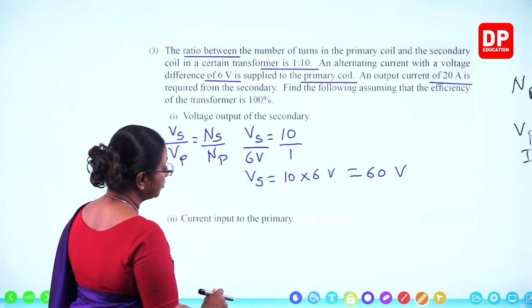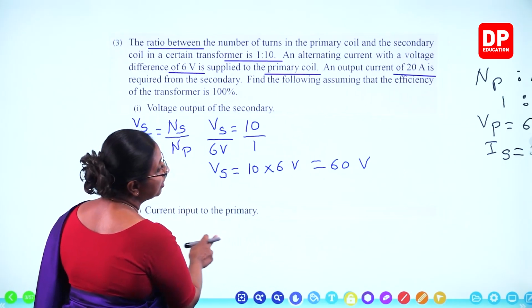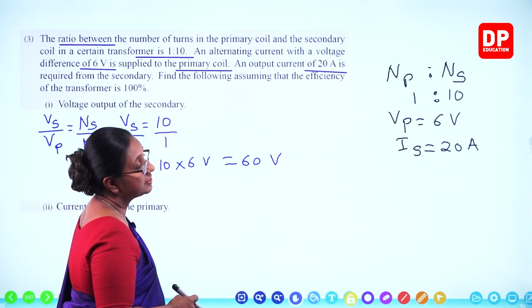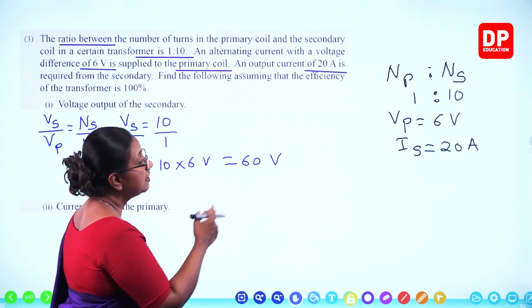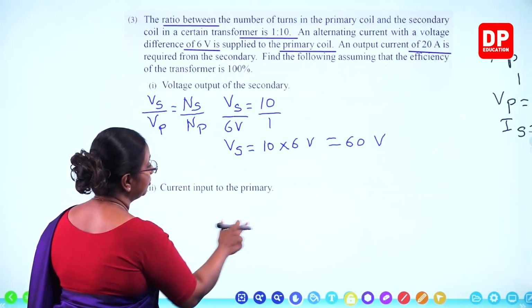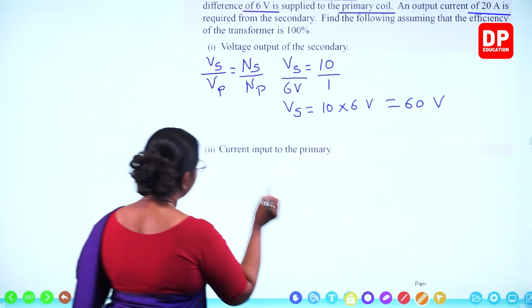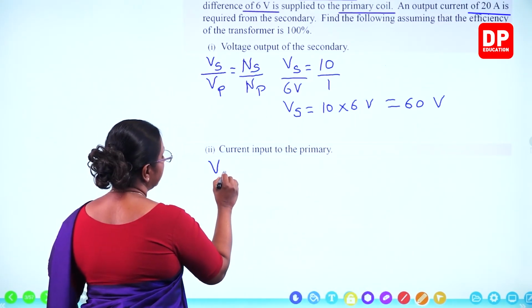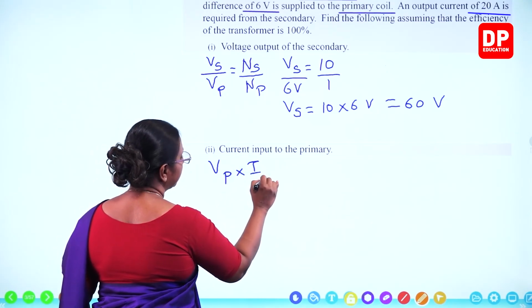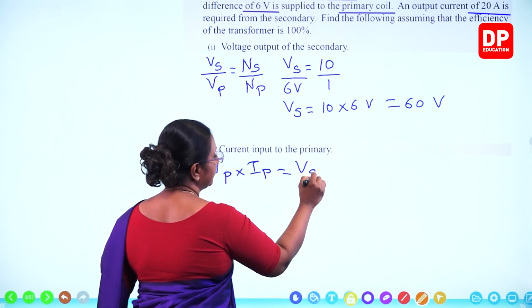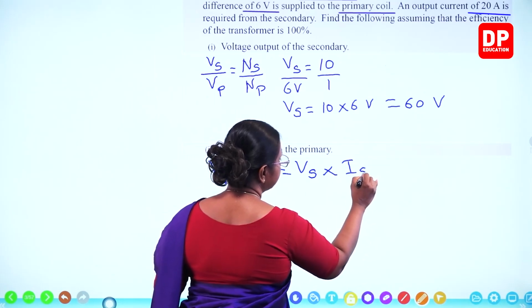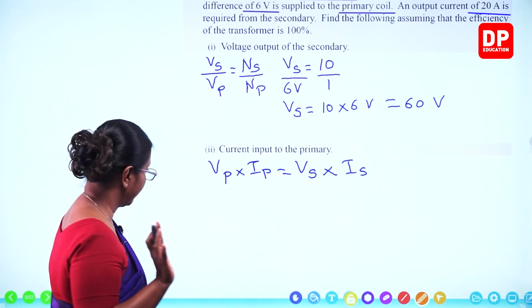Then current input to the primary. Now we know the current output of the secondary, 20 amperes. We need to find the current input of the primary. So there we use V primary into I primary equals V secondary into I secondary. The same equation.